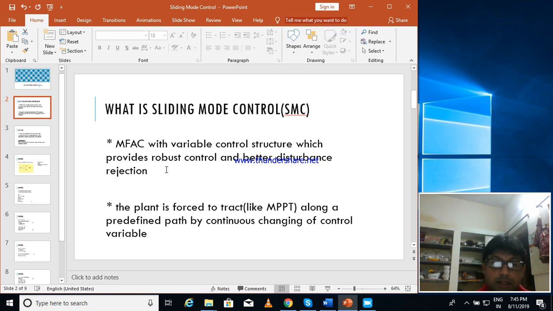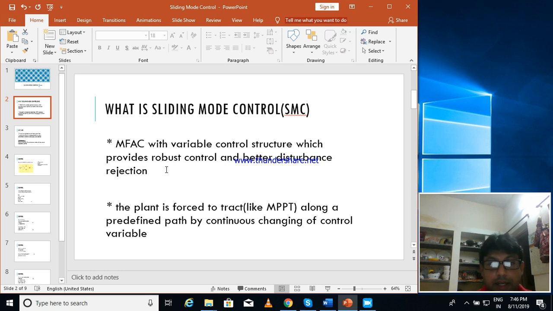But in some system plants, mainly in power electronics or some robotics, this kind of precise control is not possible, as it is a variable responsive system. The main difficulty is that the control variables can change from time to time.